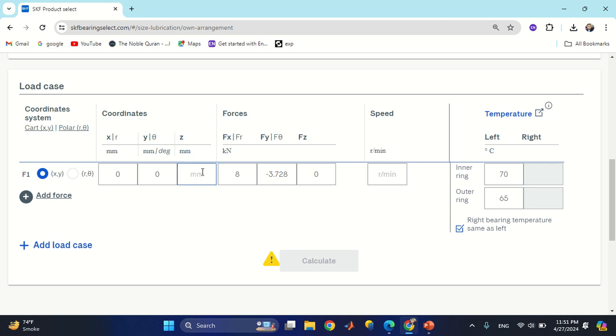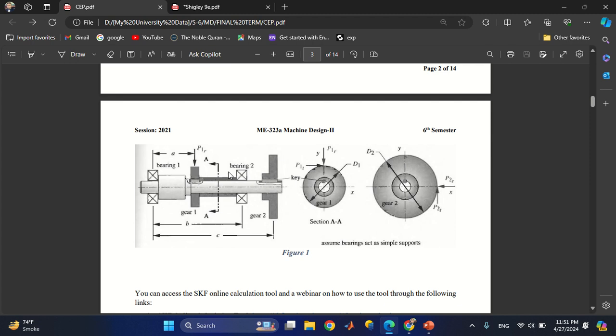And you can see here the P1T is parallel to the x-axis, so there will not be any movement in the x direction, but there will be a movement in y and z component.